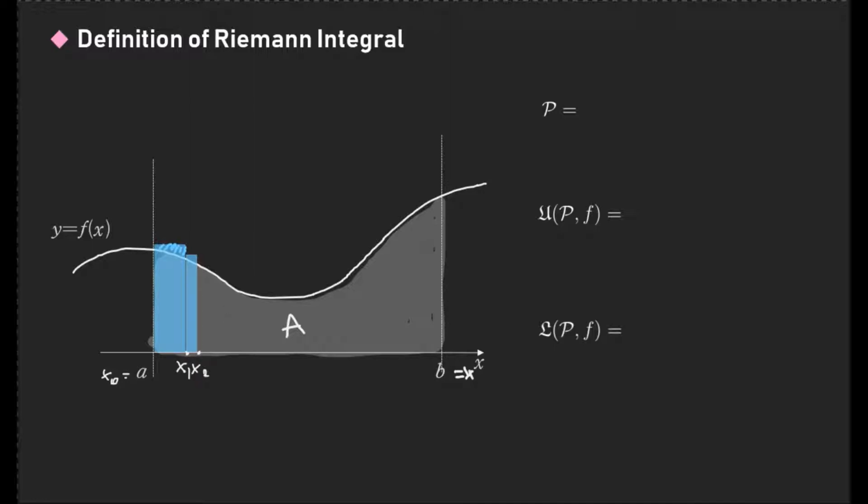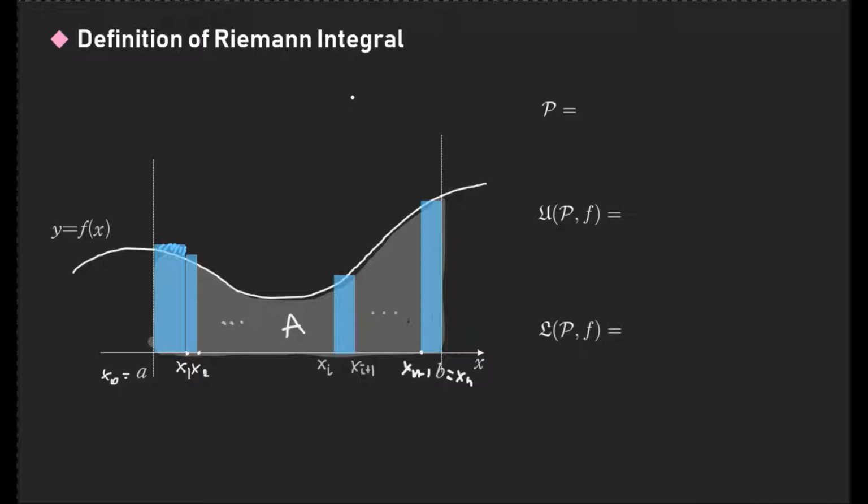We carry out this task repeatedly. An arbitrary part of the area is between xi and xi+1, and the final part is between xn-1 and xn.